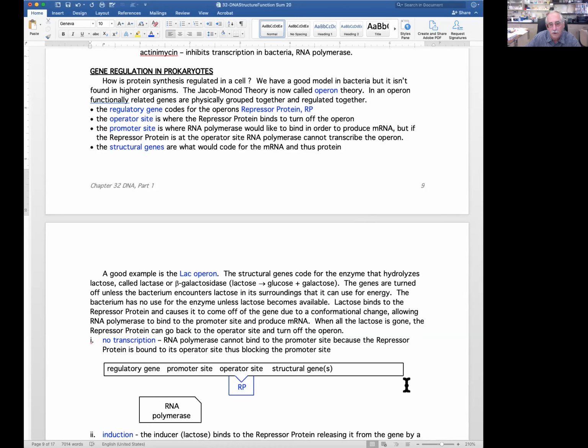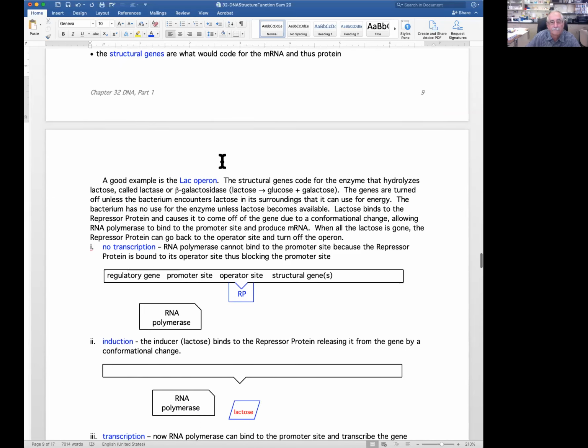So here's an operon over here. You have a regulatory gene that codes for the operon's repressor protein that makes it turn off. The operator gene is where the repressor protein binds to turn it off. The promoter site is where RNA polymerase would like to bind. And the structural genes are simply what would be turned into messenger RNA.